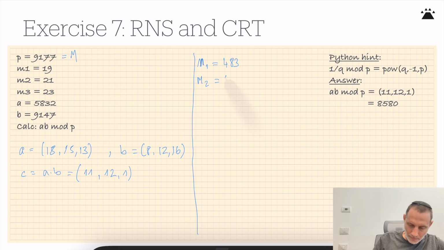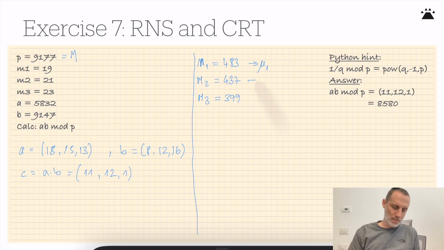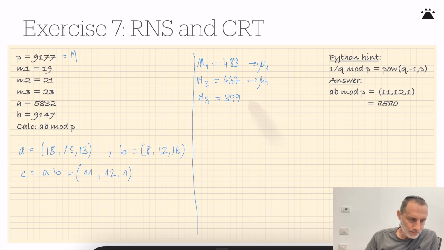Now, if I go from that to mu1, mu2, and mu3, you can look at the definition, we did it before a few times. It's just going to be 12, 5, and 3. I'll remind you that this whole red block is pre-computed, so there's no need to do any of this in real time.